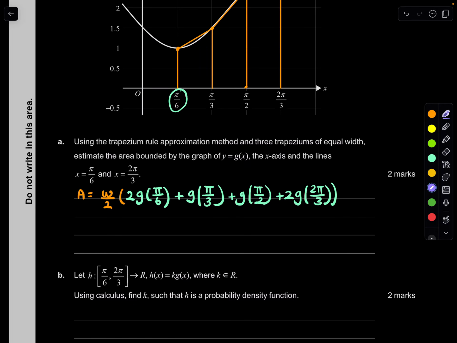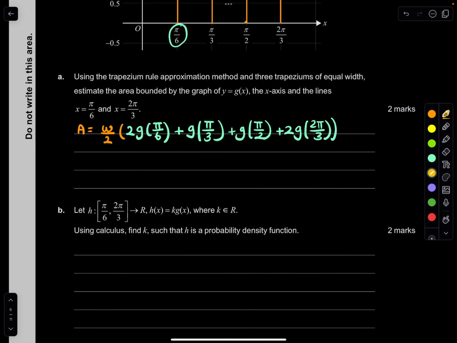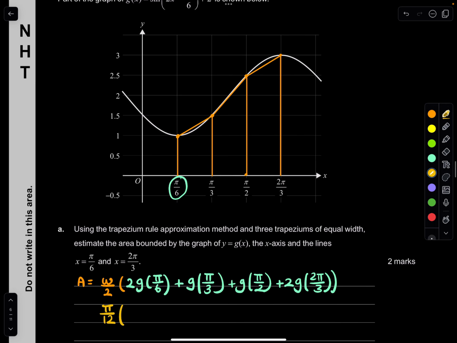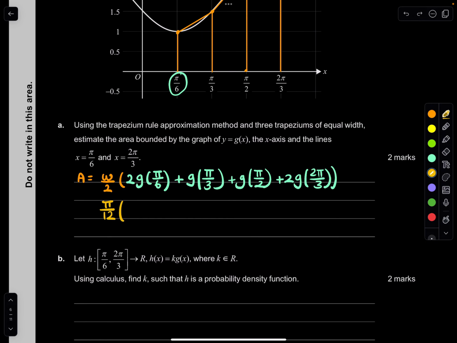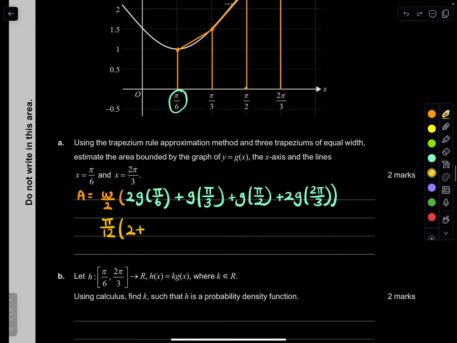Now we just need to simplify it. We know the width is pi on 6, so pi on 6 divided by 2 is pi on 12. Okay, g of pi on 6. Luckily, they're nice. g of pi on 6 is 1, and you're going to double it, so 1 times 2 is just 2. Plus, what's g of pi on 3? The y value is 1.5, which is 3 on 2.